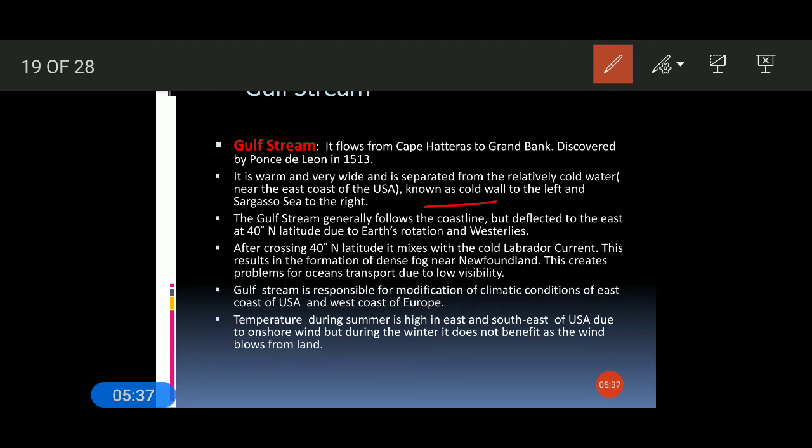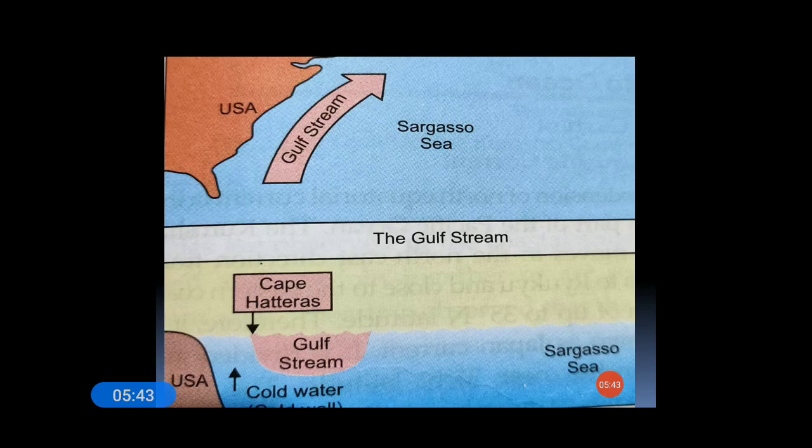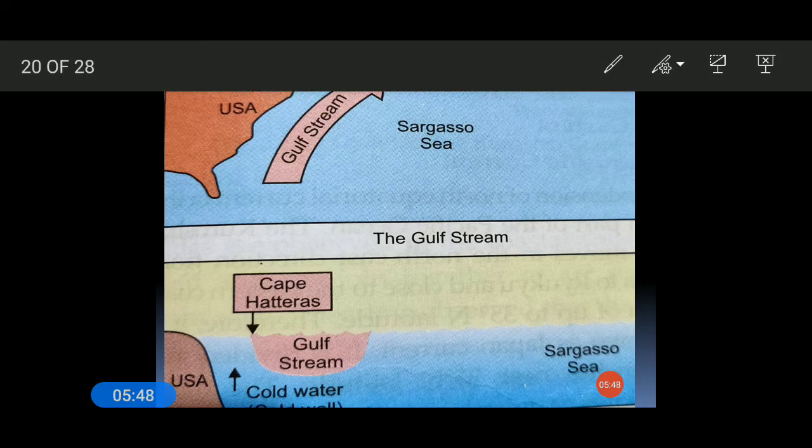Okay, so to the left and Sargasso Sea towards the right. Let me show you in the map, in the figure here. Now you see this is Gulf Stream, movement of Gulf Stream.